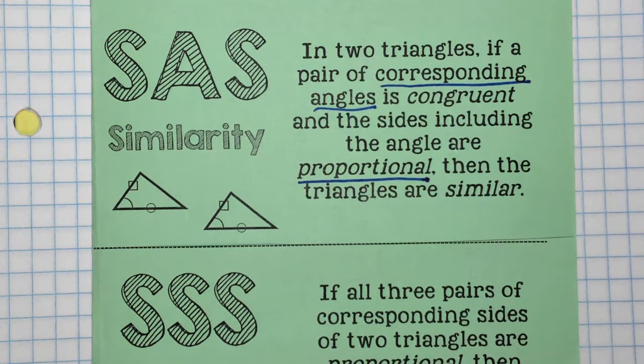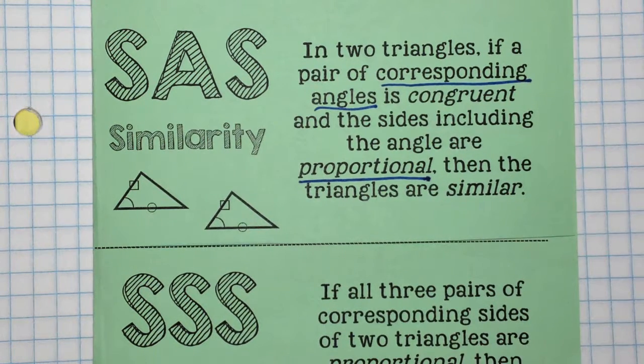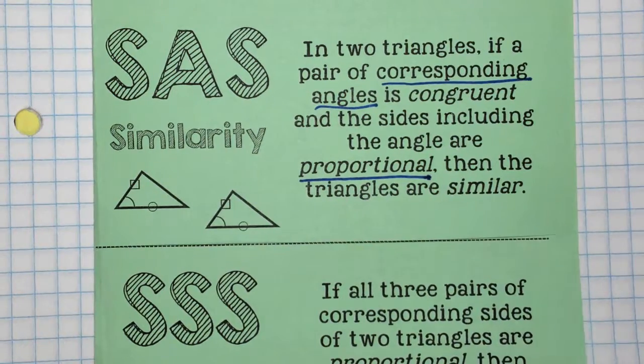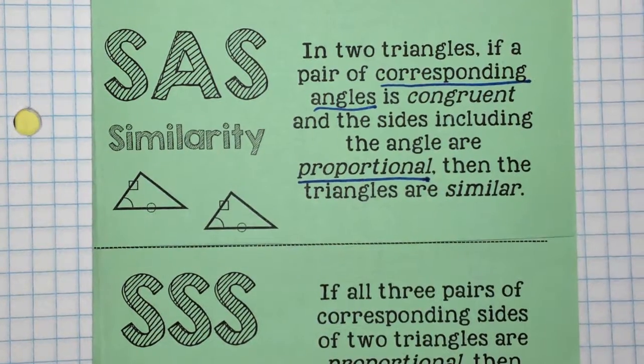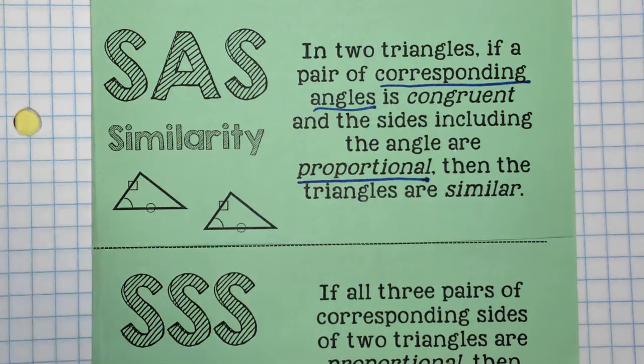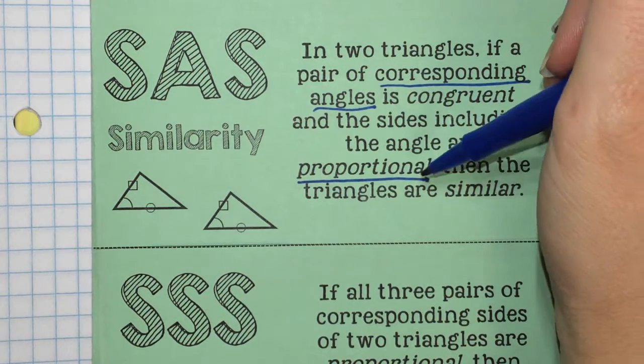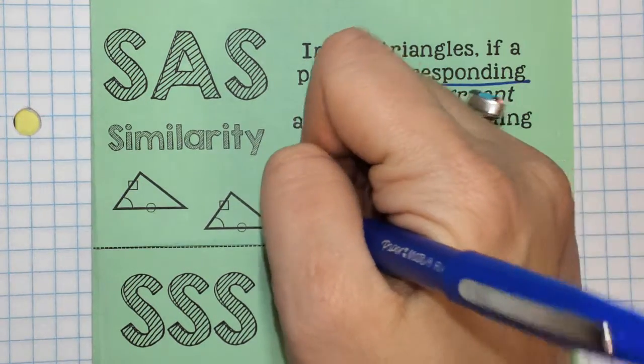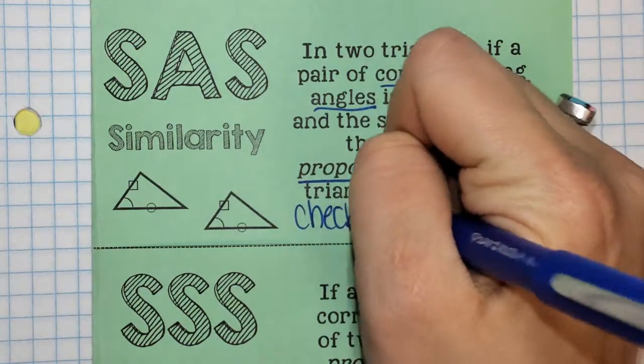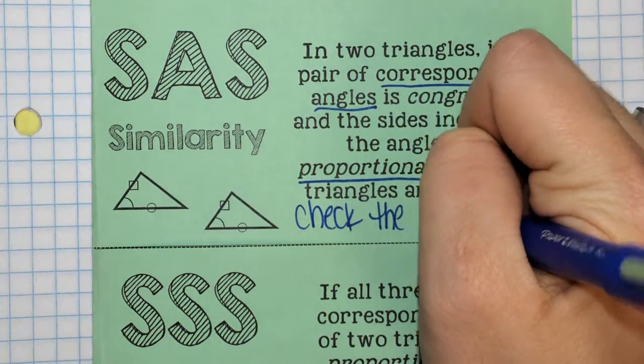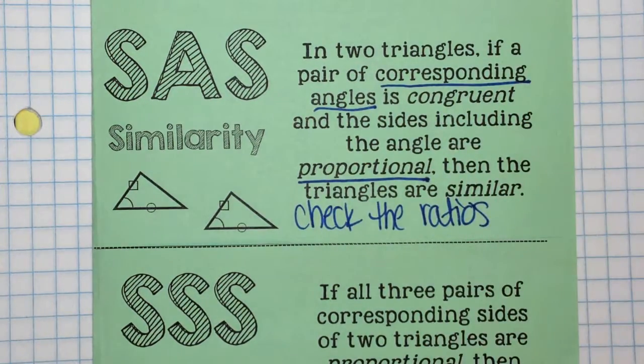What is a proportion? Two fractions. What goes in the middle of them? An equal sign. So that means that we have two fractions and they have to be equal. So you have to check the ratios on this one.